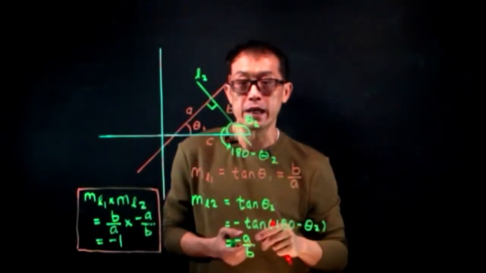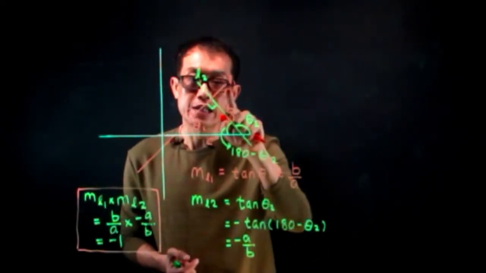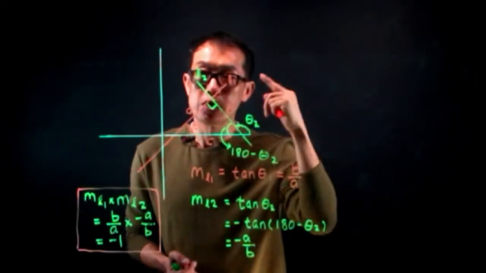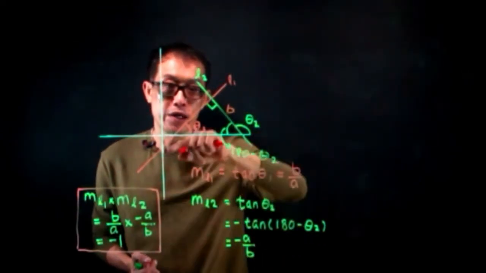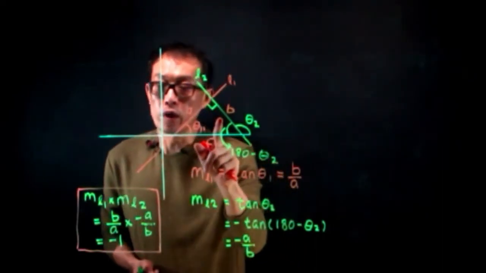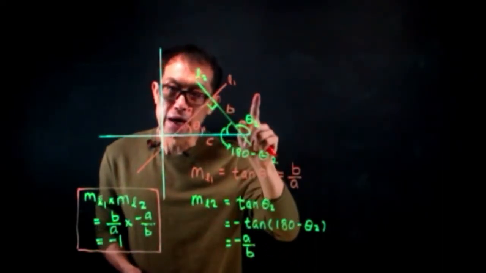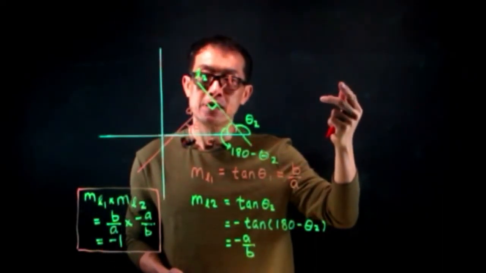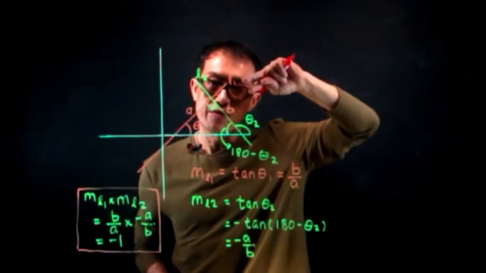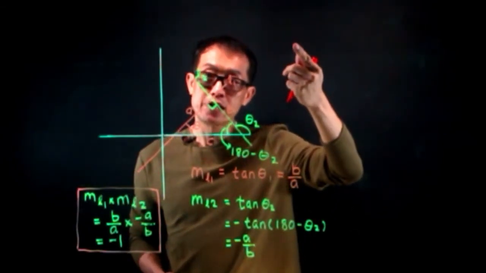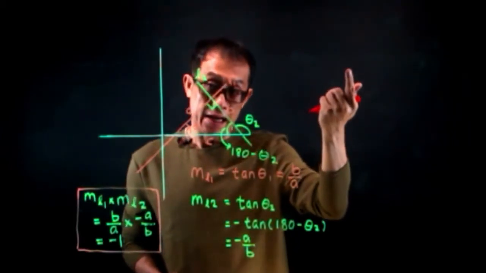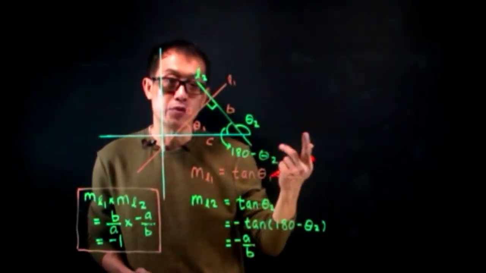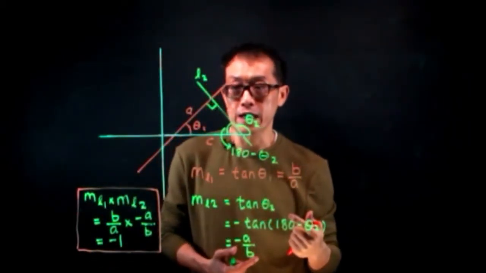Now what do I mean by that? Let's say the gradient of the red line is 3 over 4. So the one in green will be minus 4 over 3. So 3 over 4, you just flip it, becomes 4 over 3, and you just change the sign, from positive to negative. Now I give you another example.